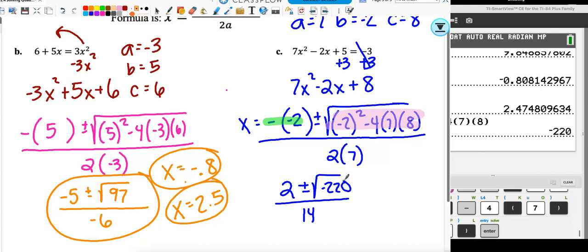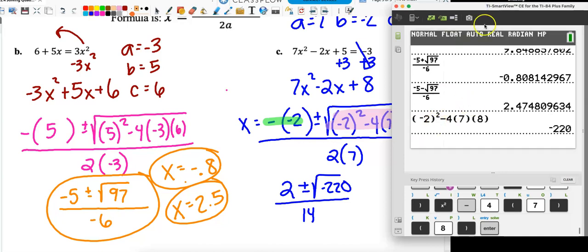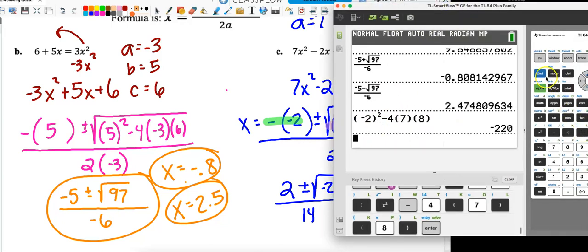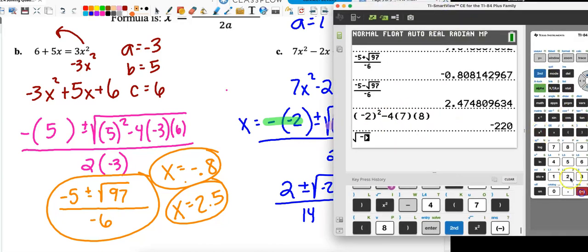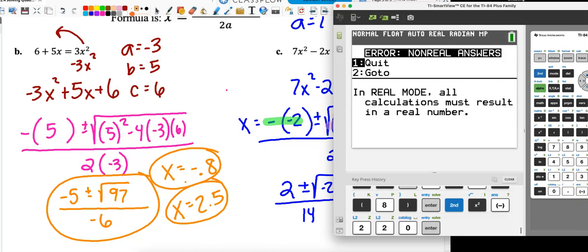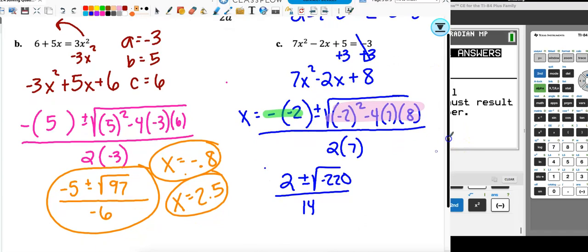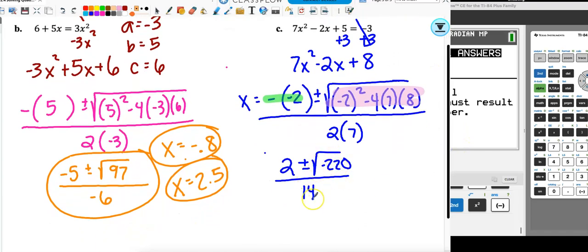But if you remember from the last video, we cannot square root a negative number. Because if you try, my answer says, oh gosh, non-real answer, it's not real. Okay, so you cannot square root a negative number. So we're going to stop here and there's no real solutions.